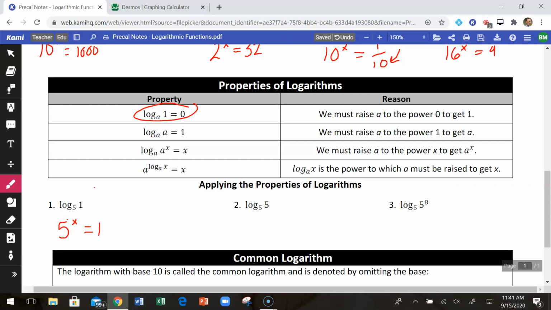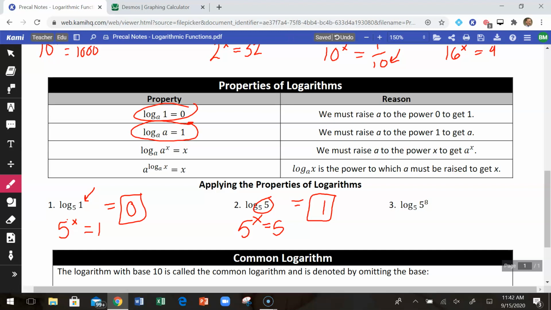And so the idea is anytime that this is 1 right here, the answer is going to be 0, because anything at all raised to the 0 power is going to equal 1. Okay, that's that first property. Log base 5 of 5 says 5 to what power is equal to 5. So anytime these two numbers are the same, the answer is going to be 1. That's the second property. Log base a of a is always going to be 1.